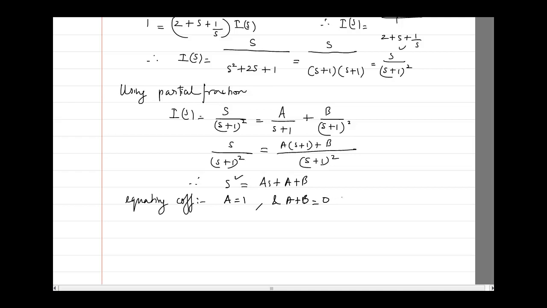Therefore B is equal to minus A, which is going to be minus 1.